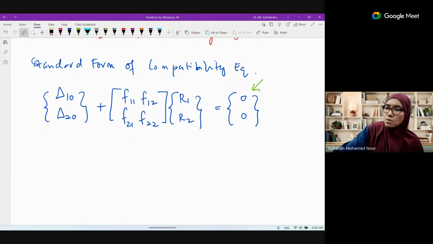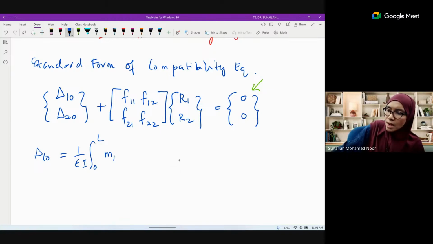So delta 1 naught is a displacement which we will get by integration of the two moment equations, M1 M naught dx.